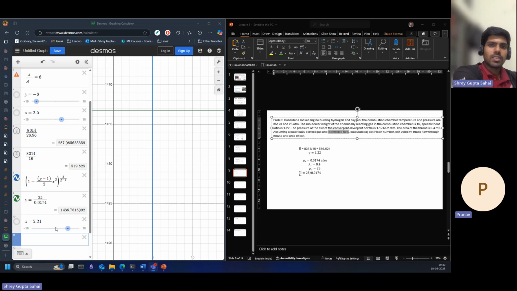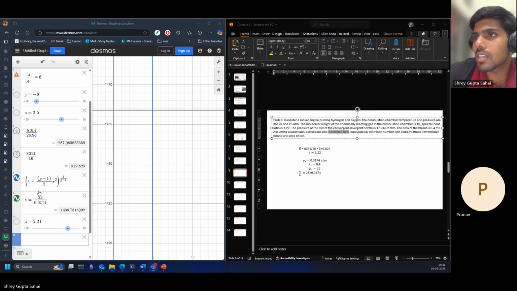So we get V2 is under root 2 Cp T1 minus T2. That needs the temperature also. From temperature we can get pressure ratio. Yes, that's correct. That's fine.